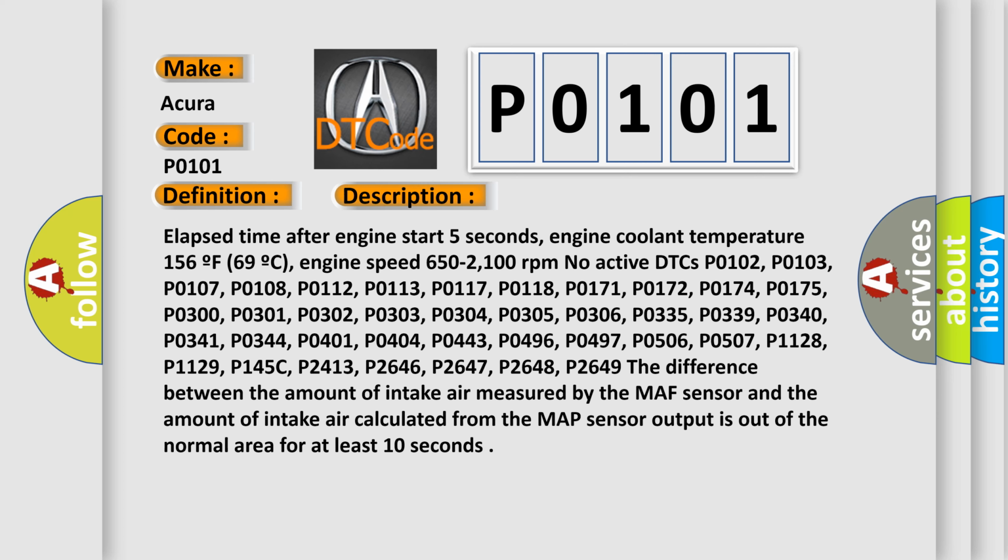Elapsed time after engine start 5 seconds, engine coolant temperature 156 F, 69 C, engine speed 650 to 2100 revolutions per minute.